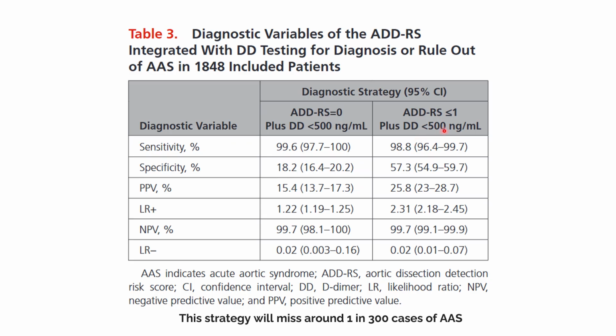And even if it was below 1, you will also have a similar sensitivity, but a much better specificity. And Rebel-EM summarized this as, I don't know the math here, but this strategy will miss around 1 in 300 cases of AAS, given that you can pick these patients out as well as they did, because they say that these were consecutive patients.